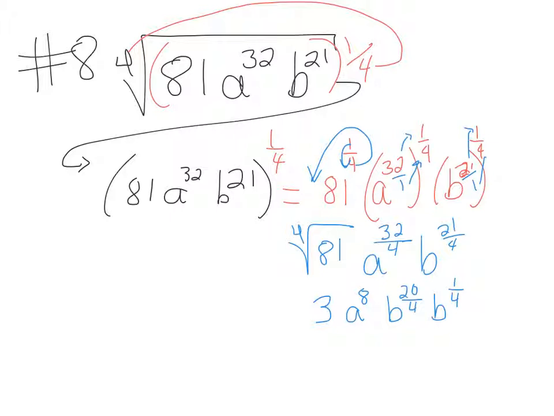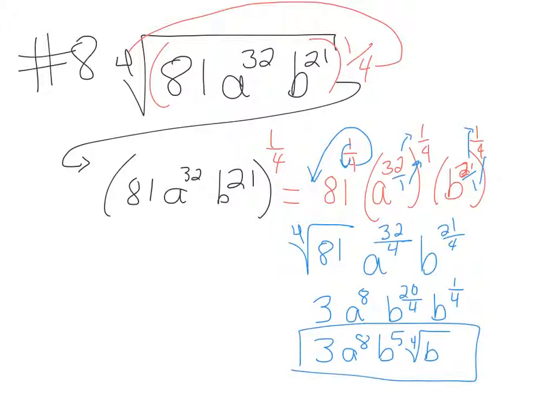I'm just separating it using the properties of exponents so that I can simplify the 20 over the 4, which is 5. So here, this is going to be 3, A to the 4th, B to the 5th, because 20 divided by 4 is 5, and then this would be B to the 1/4, which is going to be the fourth root of B. And that's how you can simplify that radical.